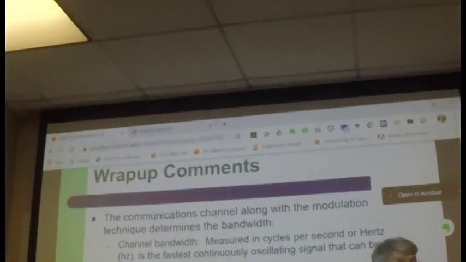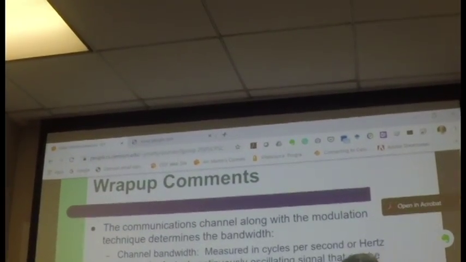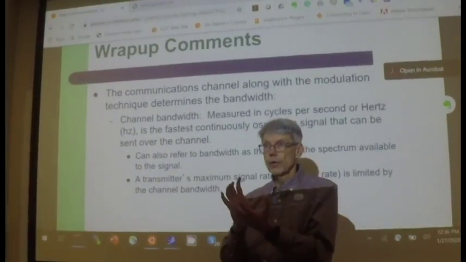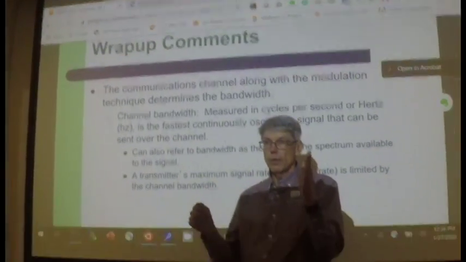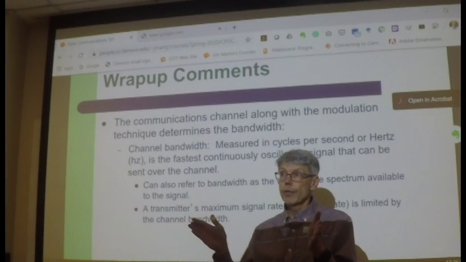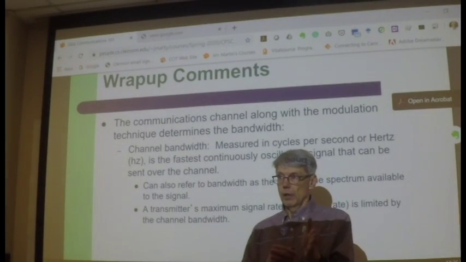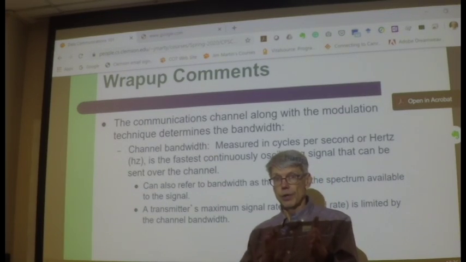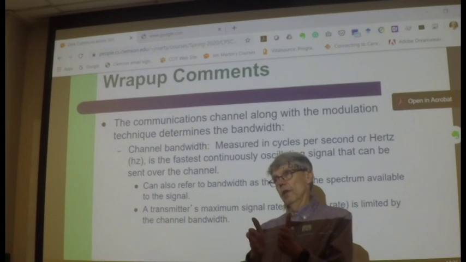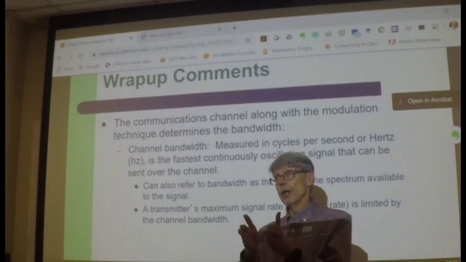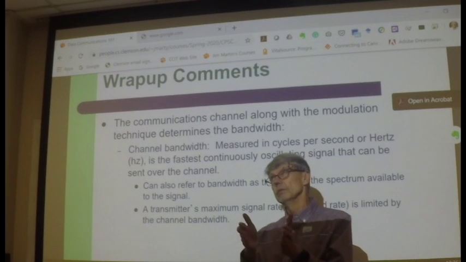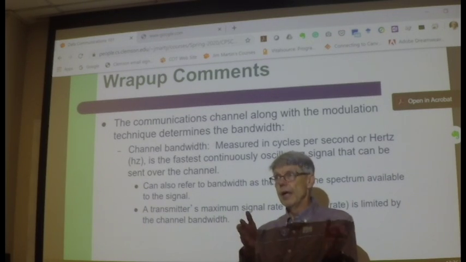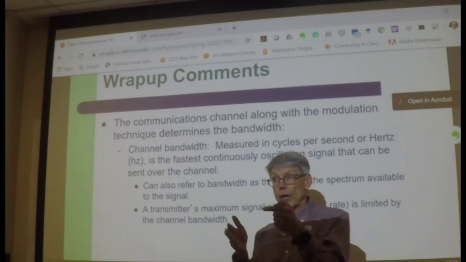And for wireless, if you can picture in your mind, at 0 hertz going up to 700 or 750 megahertz, that's AM and FM radio.